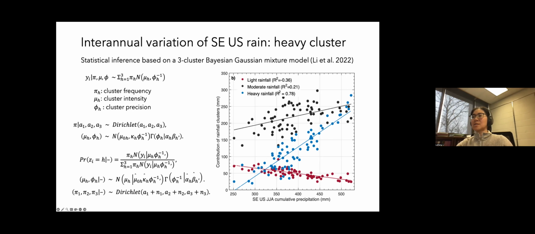So figuring out the moisture source and moisture pathway difference between the light and heavy rainfall is thus not only of meteorological significance, but also of climate and hydroclimate significance for the region.